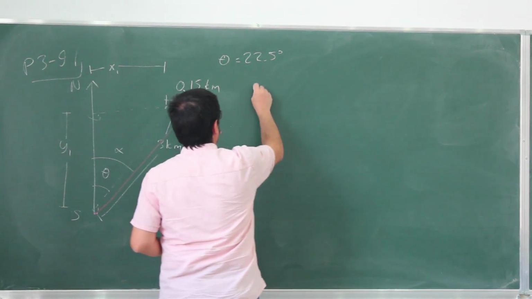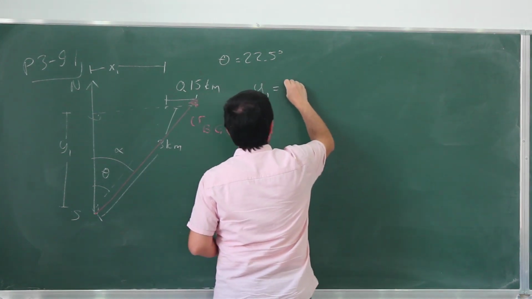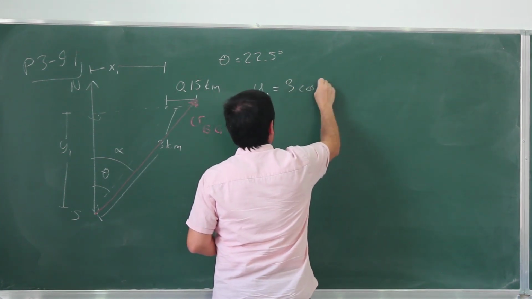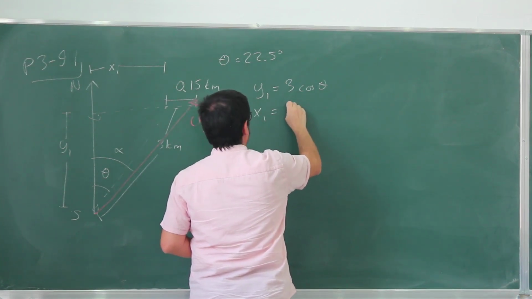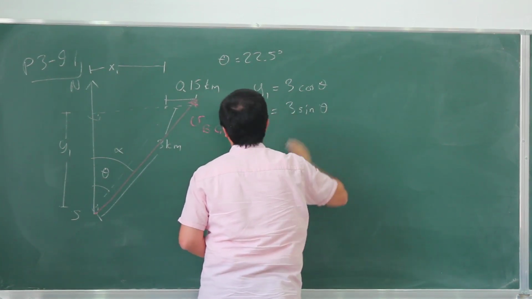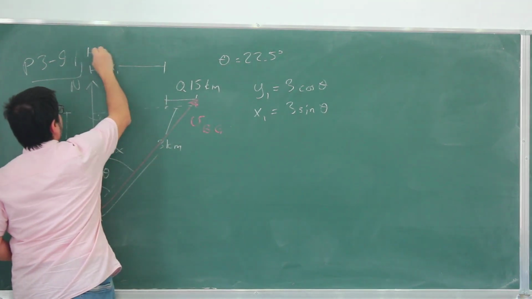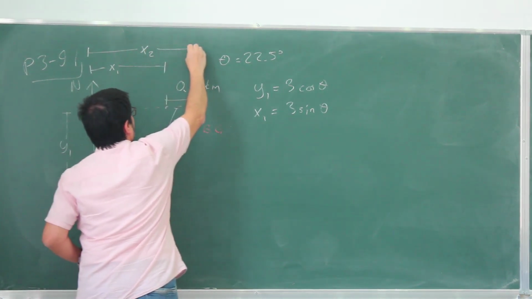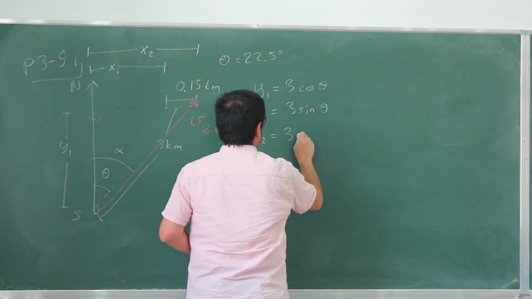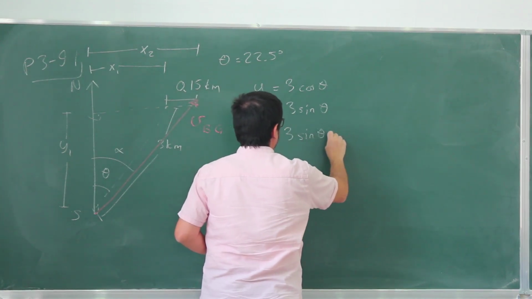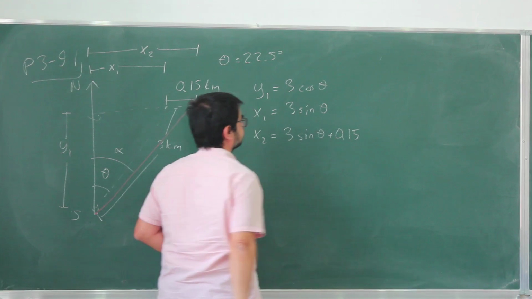So y1 is going to be 3 times cosine theta, whatever theta is, and x1 is going to be 3 times sine theta. Okay? Whereas if I call this final position I want to end up x2, x2 is going to be 3 sine theta plus 0.15.